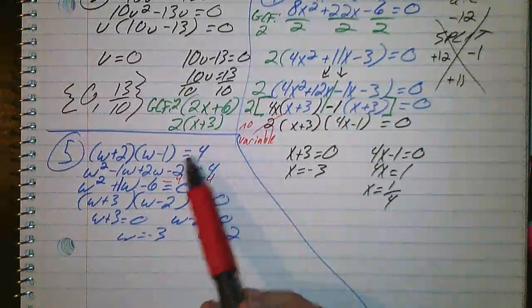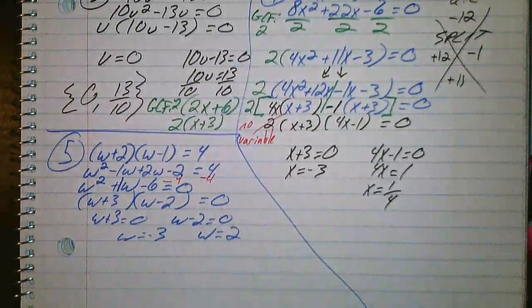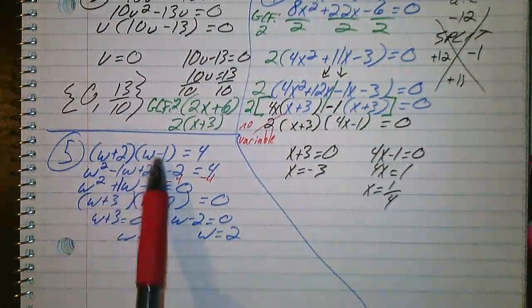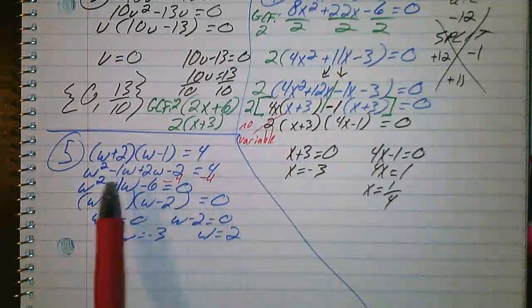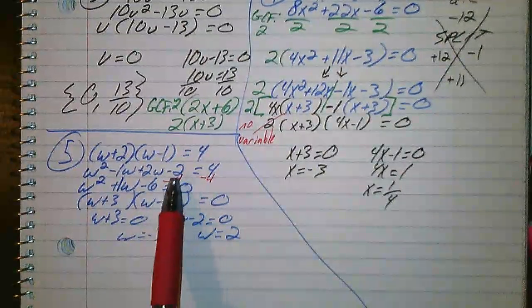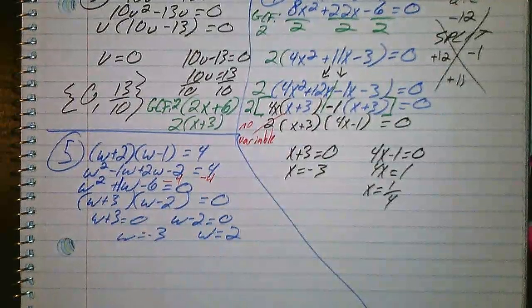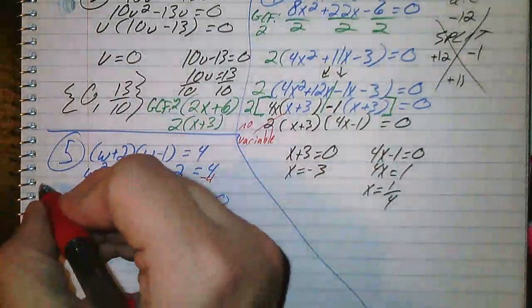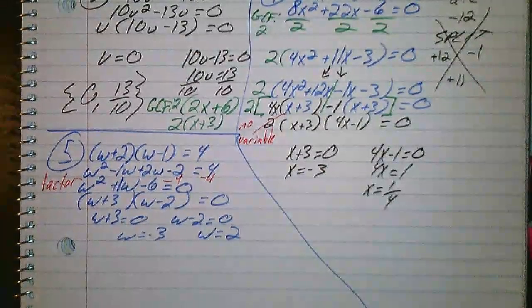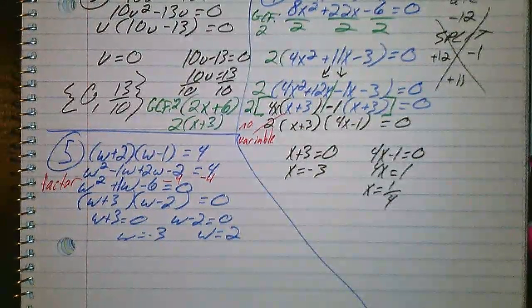So again, we can't just move the 4 over at the beginning. I guess we could, but we have to FOIL and then combine like terms, bring the 4 over, combine it with, in this case, the 2, and then factor our new trinomial. So there's 3.4. Hope that helps. Let me know if you have any questions.